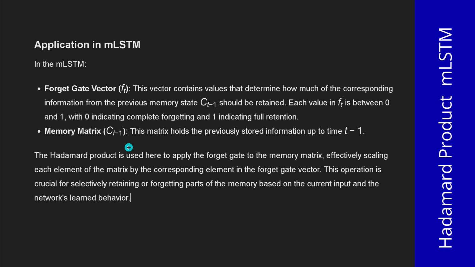And then the matrix holds our information at the time t minus 1. The Hadamard product is now used to apply the forget gate to the memory matrix. This is how we combine our exponential gating functionality with our additive memory matrix structure. This scales each element of the matrix by the corresponding element in the forget gate vector. This operation is crucial for selecting what parts of the memory to retain or forget, based on the current inputs and the network's learned behavior.